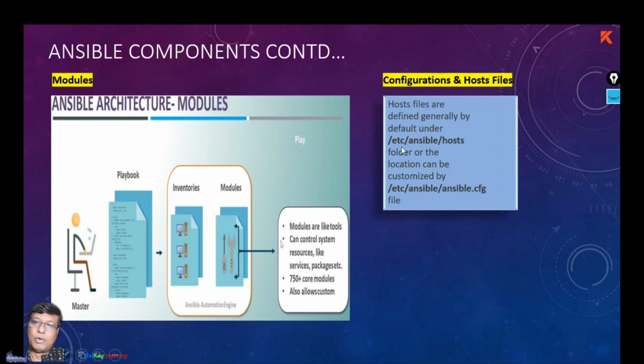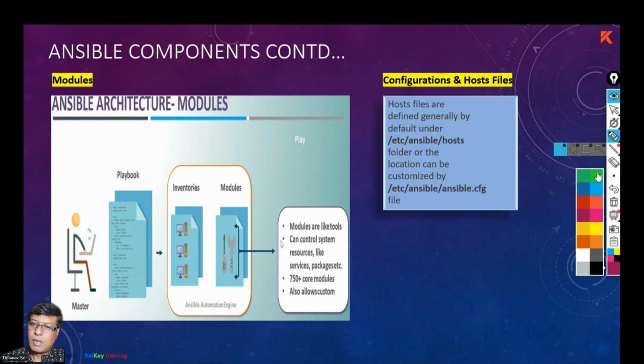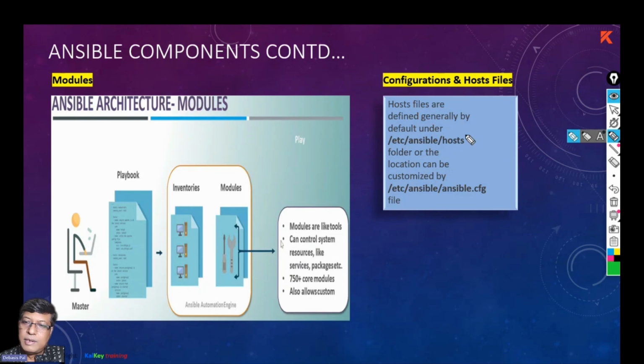By default, the host file will lie under /etc/ansible. Whenever you install Ansible, the default inventory file is the hosts file. This is the default. And ansible.cfg is the configuration file of Ansible.